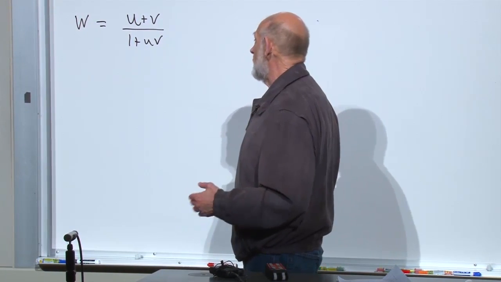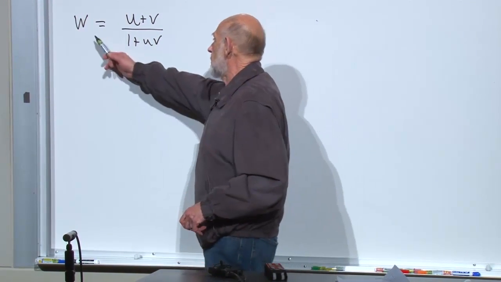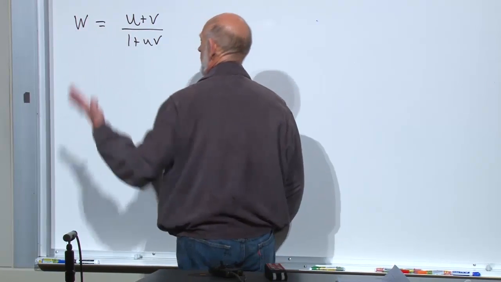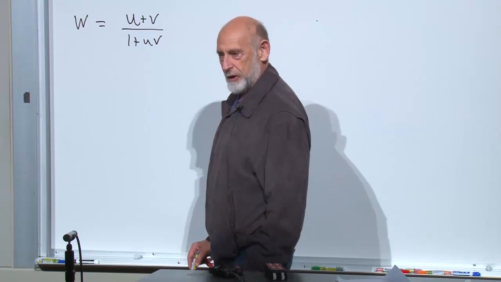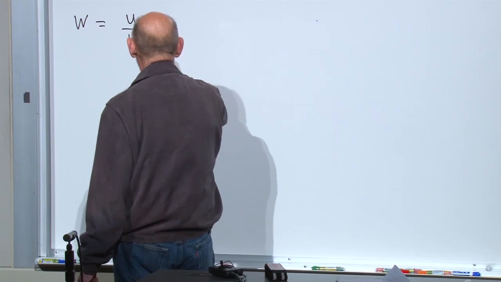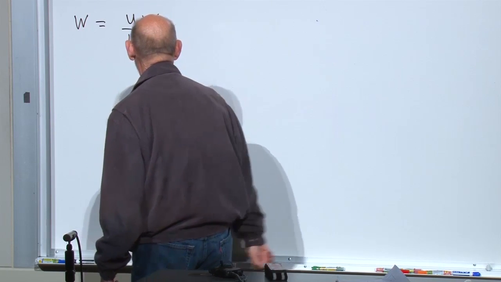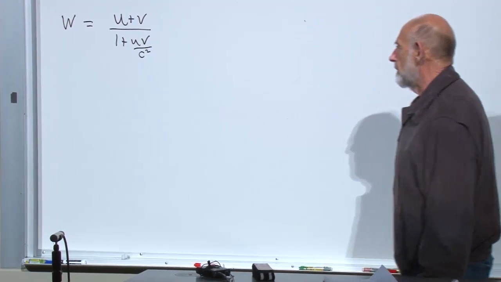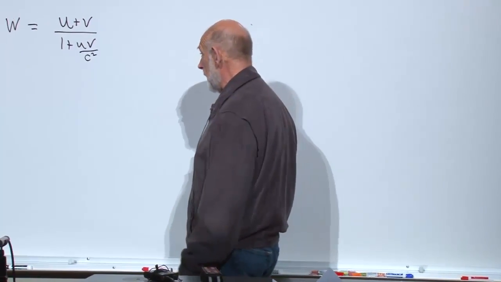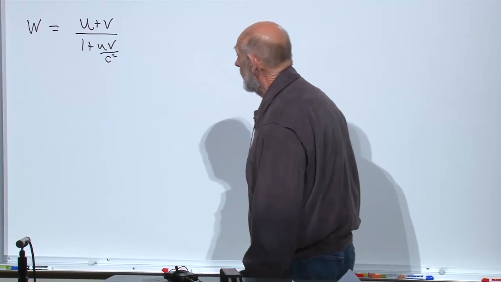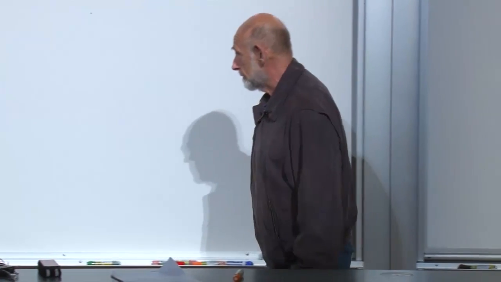But if we want to restore the dimensions, we look at this equation and say, w equals u plus v, that's dimensionally fine. It's adding 1 to uv, which is peculiar, but we restore the dimensions by putting in c squared here: 1 plus uv over c squared. uv over c squared is dimensionless. All right, so this is the equation with c restored.